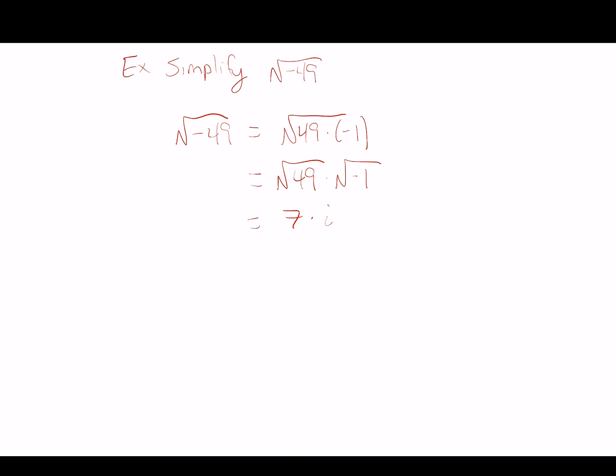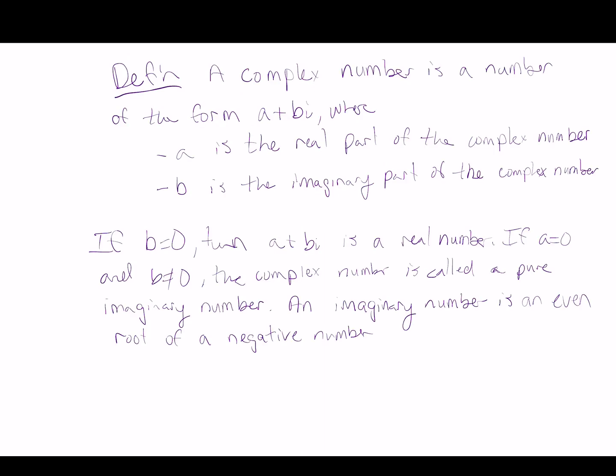Let's move on and discuss imaginary and complex numbers and what that looks like in notation form and the definition of a complex number. So let's define complex and imaginary numbers. A complex number is a number of the form a plus bi, where a is the real part and b is the imaginary part, just the coefficients there.